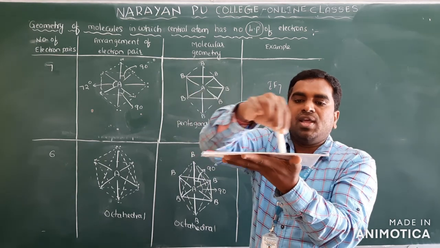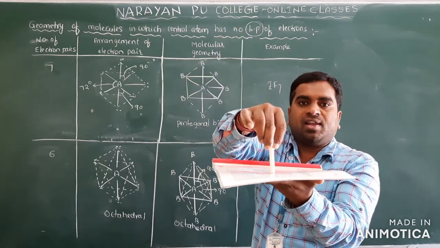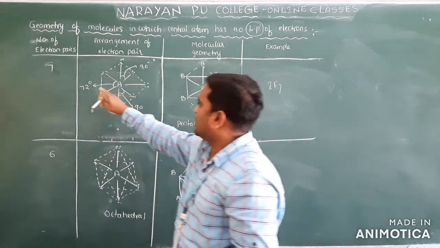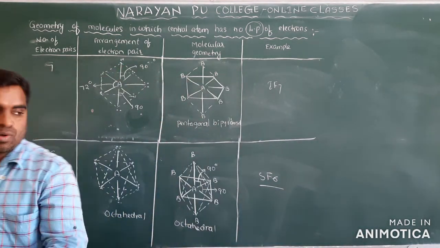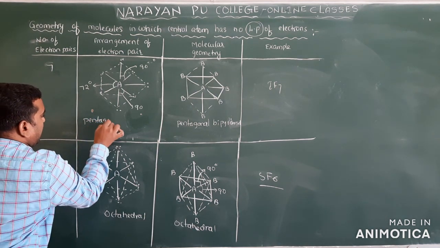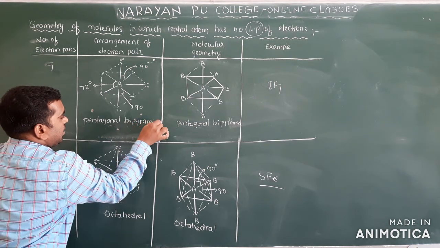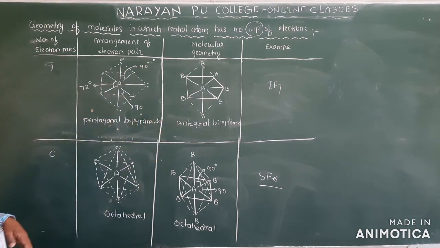If you take any bond here, how much angle does it make? 90. So that's why 72 and 90. What is the shape here? Pentagonal bipyramid.